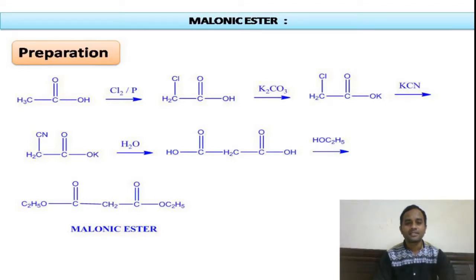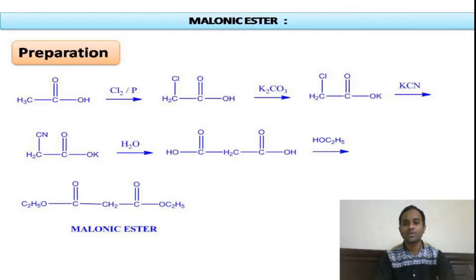By subjecting this carboxylic acid to chlorine gas in presence of phosphorus, we will get monochloroacetic acid as the product. This is the HVZ reaction, the Hell-Volhard-Zelinsky reaction, which we have covered in carboxylic acids. Right?